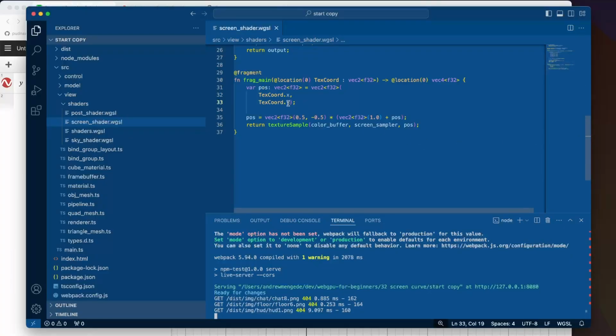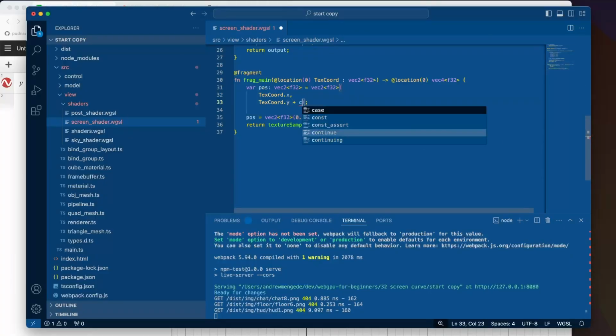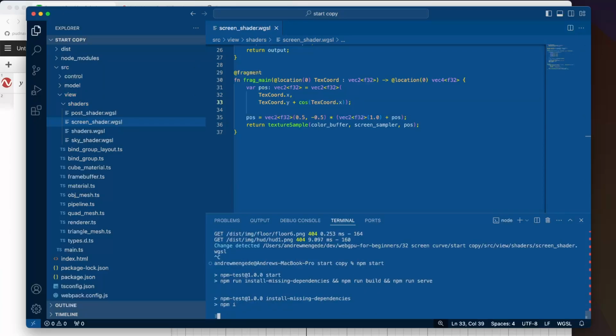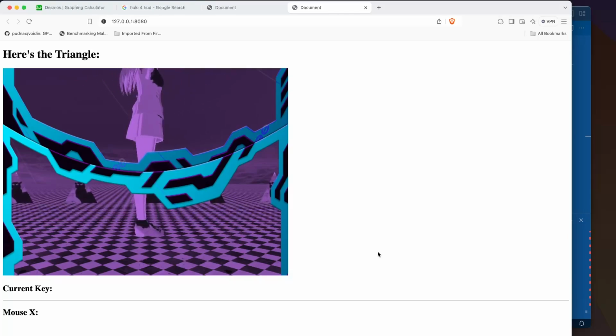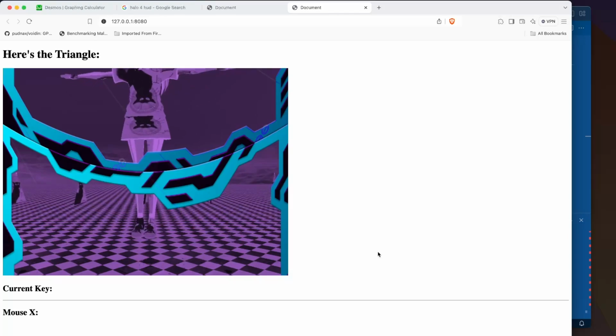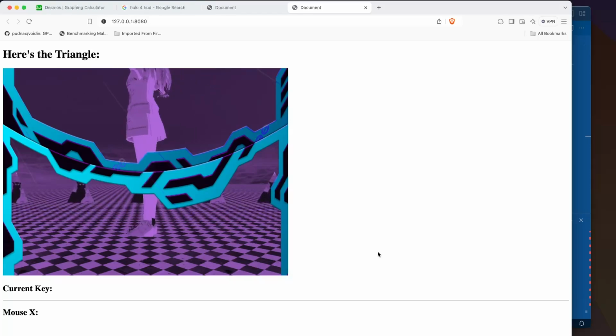Okay, so what I'll do is I'll add cosine of the x texture coordinate, and I'll give that a go. There, we've got it. Okay, so see how the top is being pulled down, but then pushed down, I guess, but then the bottom's also being pushed down.